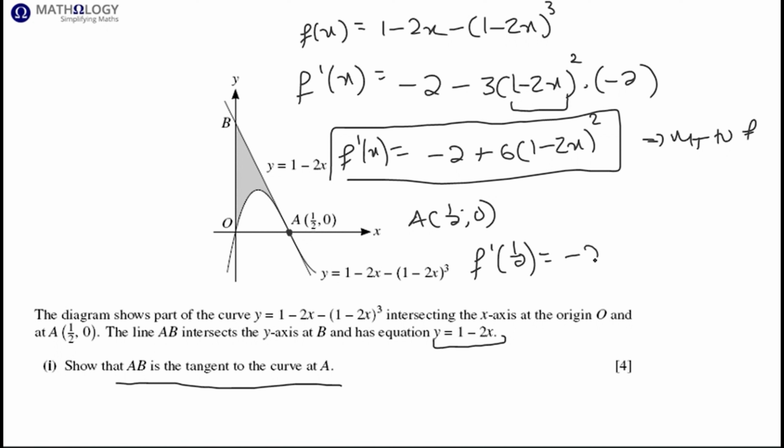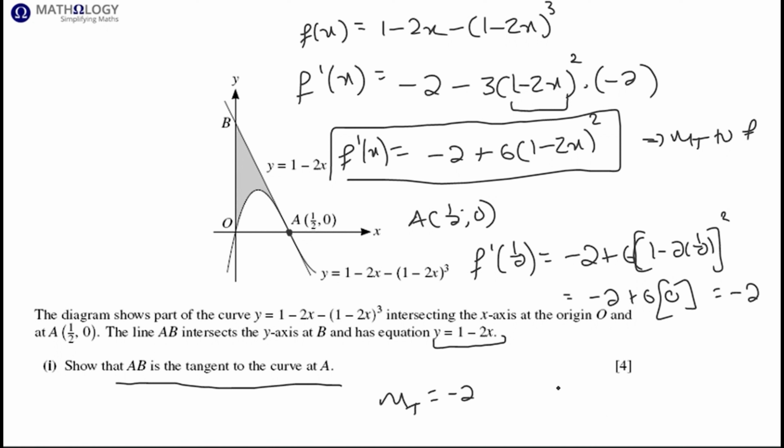It gives us minus 2 plus 6 times (1 minus 2 times 1/2) all squared. So that's minus 2 plus 6 times, minus 2 times 1/2 is minus 1, so I have 1 minus 1, which is 0. So this whole thing will just be 0. So the gradient of the tangent is minus 2, and the point is (1/2, 0).